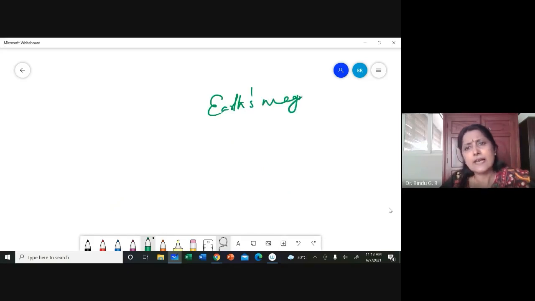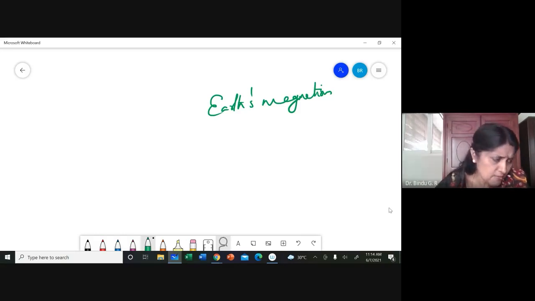Why does Earth have magnetism? Because very deep in the Earth's crust, there is lots of ferrite and iron. So much so that because it rotates, Earth has magnetism.